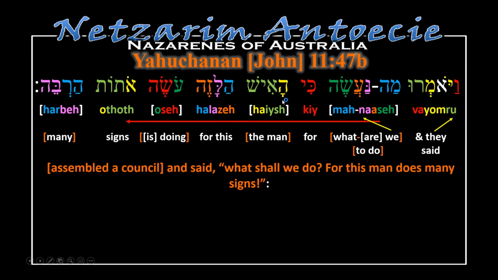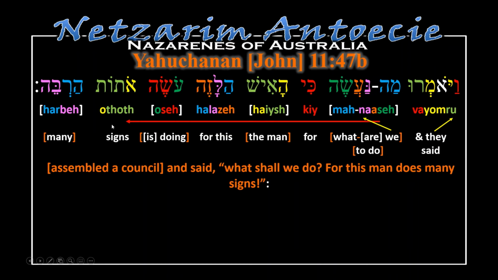And then it is ha-ish, meaning the man. Ha-la-zeh, for this, because ze means this. So I'm imagining it's almost like a question mark for this. The man for this. We would say for this man. Oseh is like a participle, so it's doing, or he is doing.